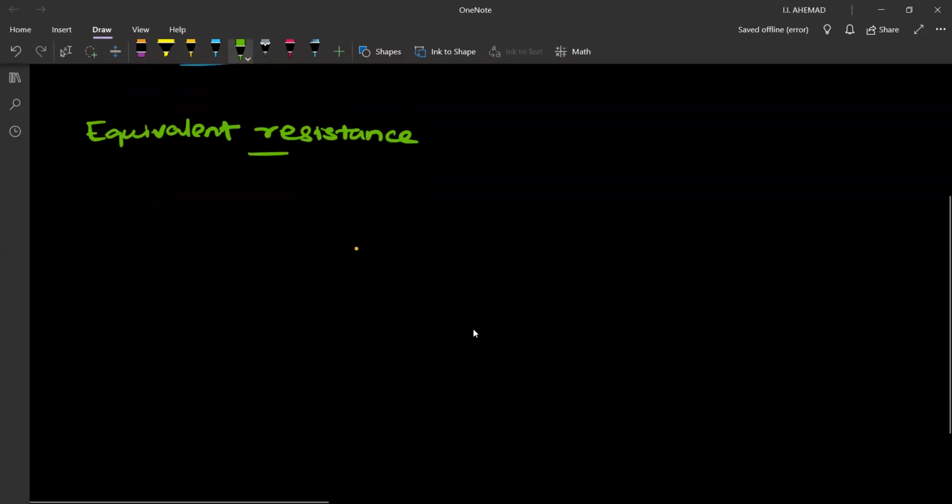Already we might know what an equivalent resistance is. When a network of resistors is given, instead of that whole network, we find how we can replace it with a single resistor.